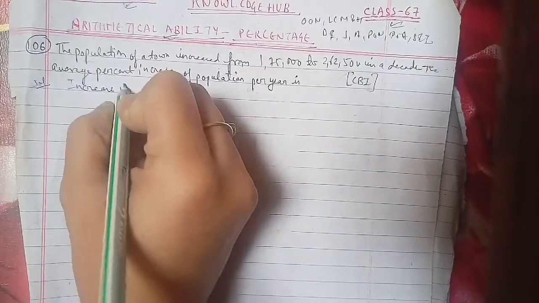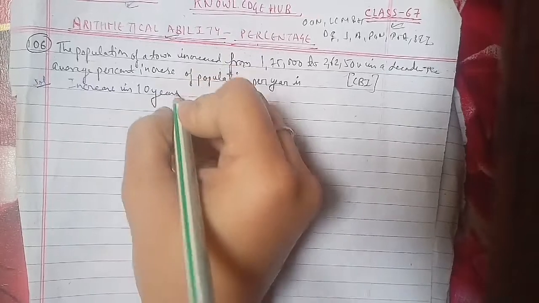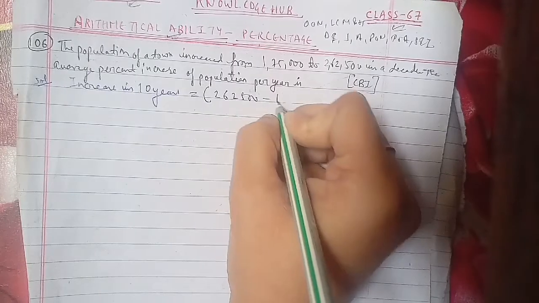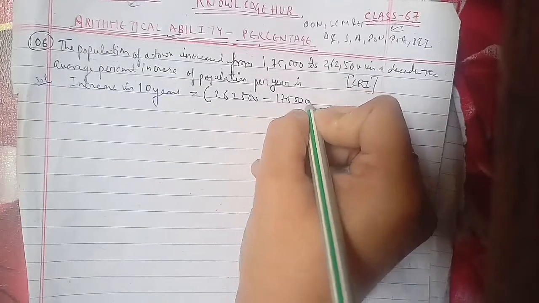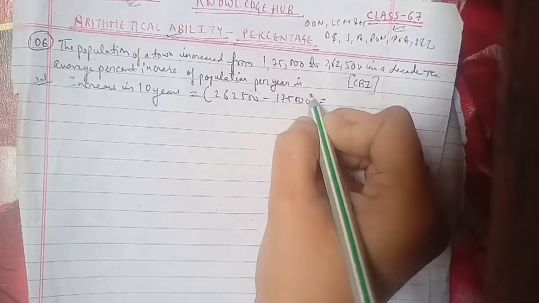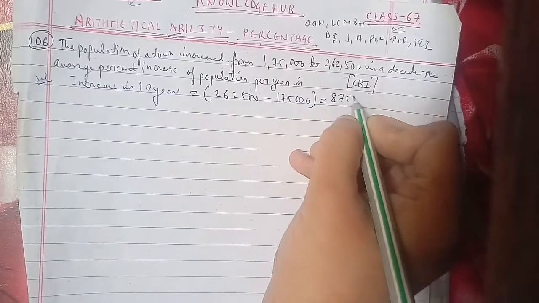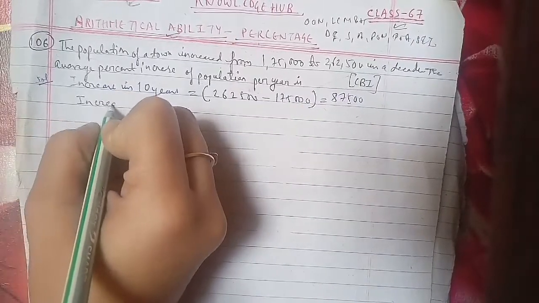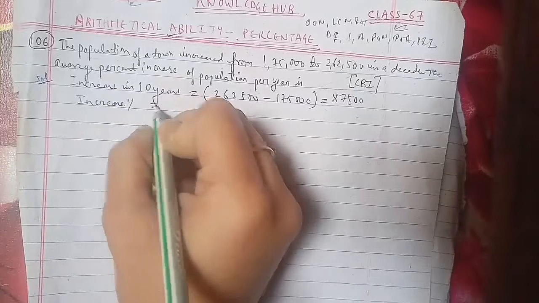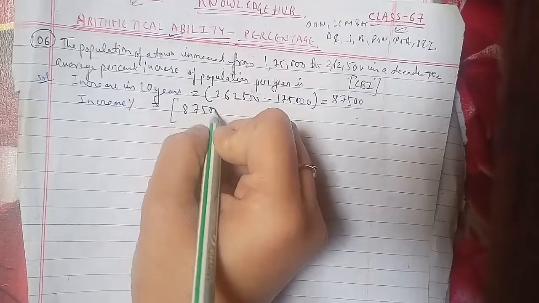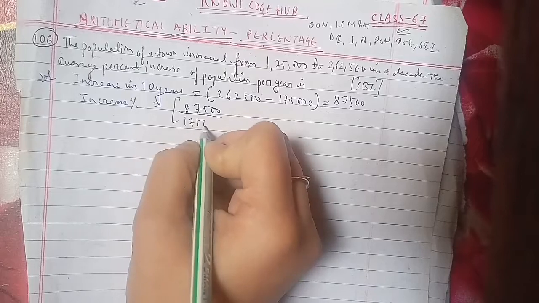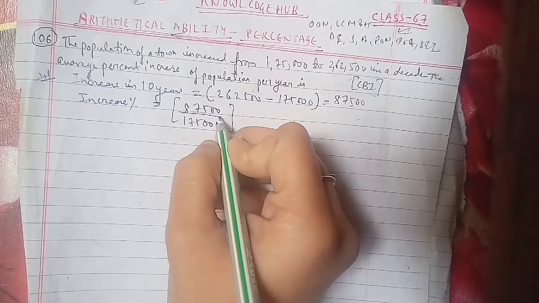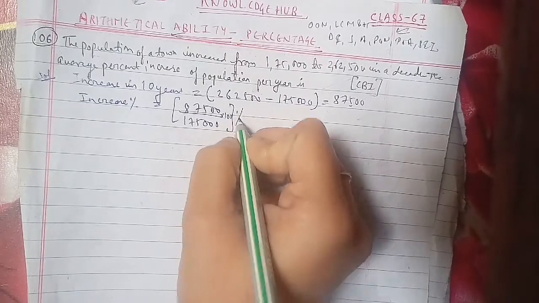Increase in 10 years equals 262,500 minus 175,000, which equals 87,500. So increase percent equals 87,500 upon 1,75,000, multiplied by 100%.